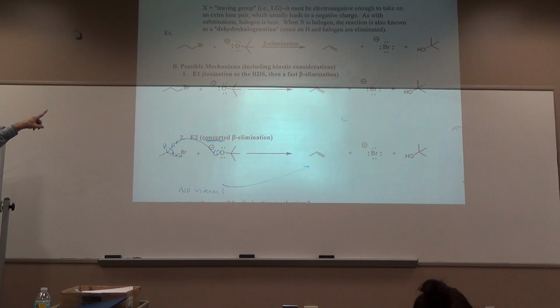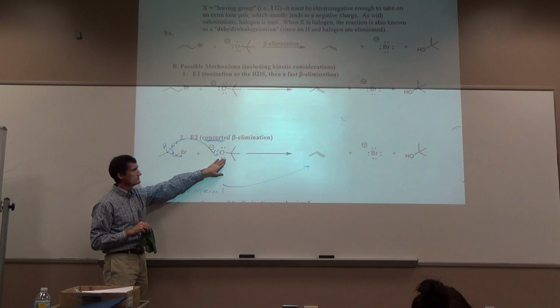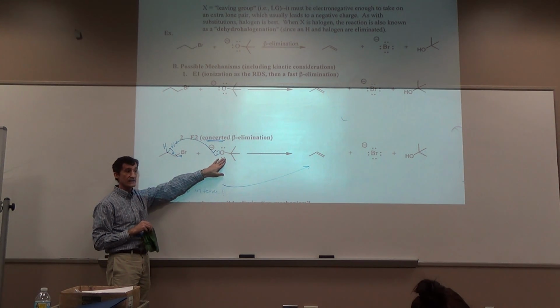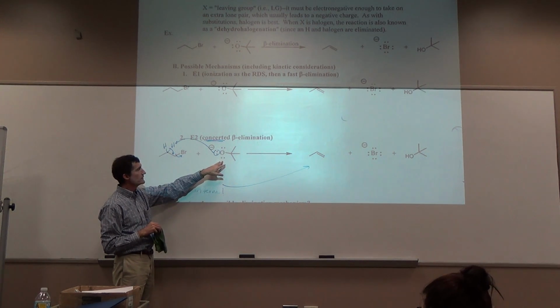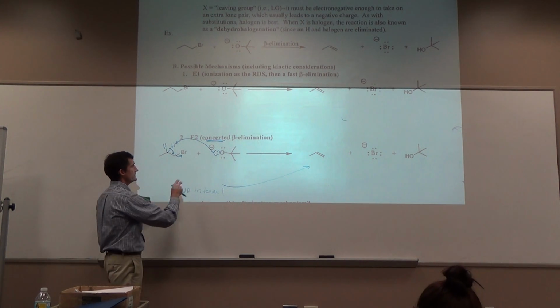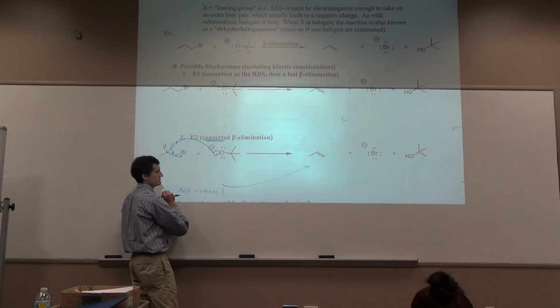The base/nucleophile, is this strong or weak? Strong, it's an anion. So since it's an anion, we said it would be bimolecular. We need to say why it's bimolecular. How many steps in this mechanism?